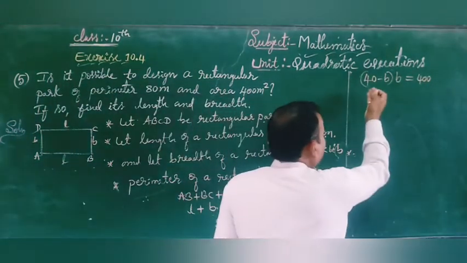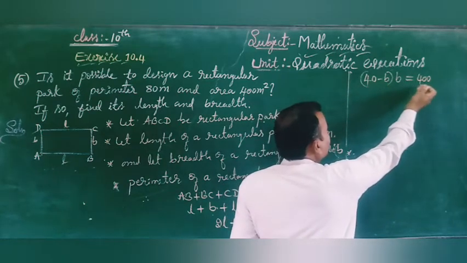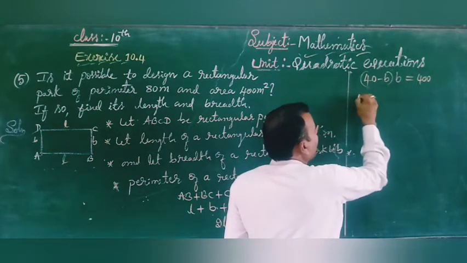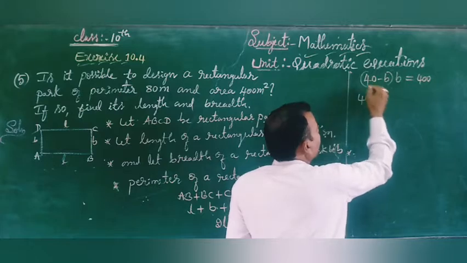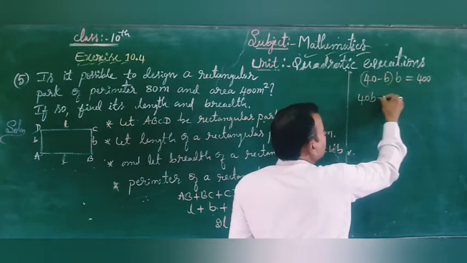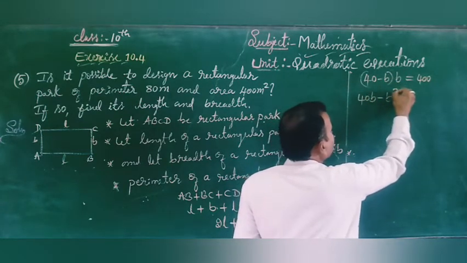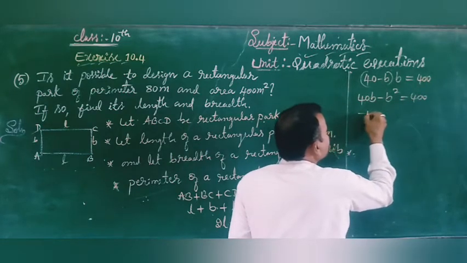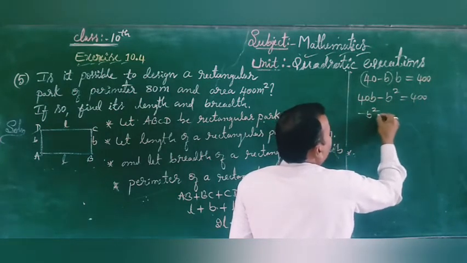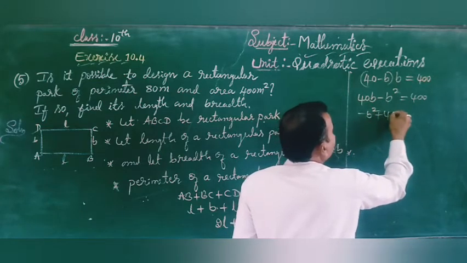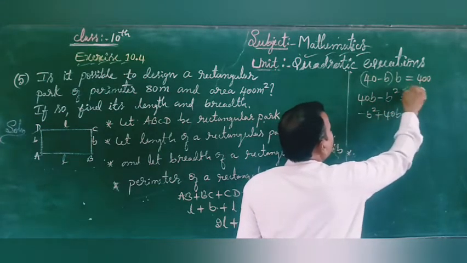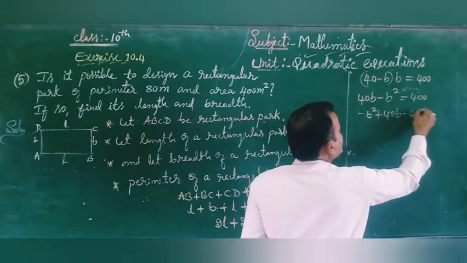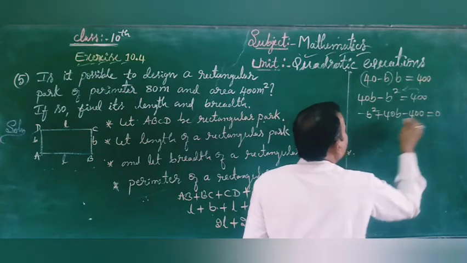Here 40 minus B into B equals 400. 40 into B, 40B, plus into minus, minus B into B, B square, equals 400. Minus B square plus 40B, transpose 400 to the LHS, it is minus 400 equals 0.